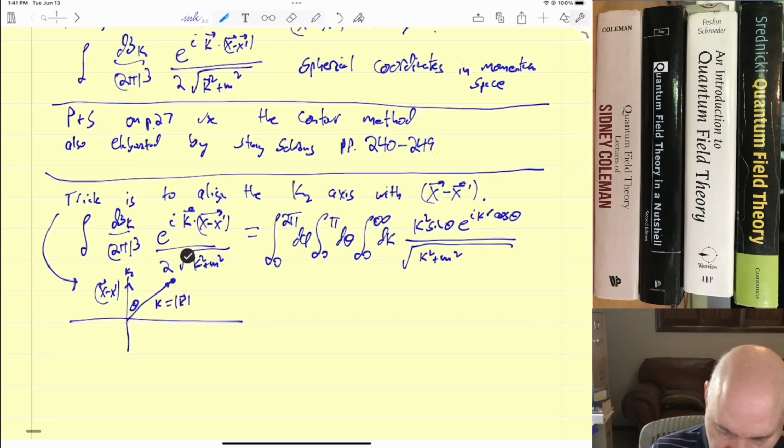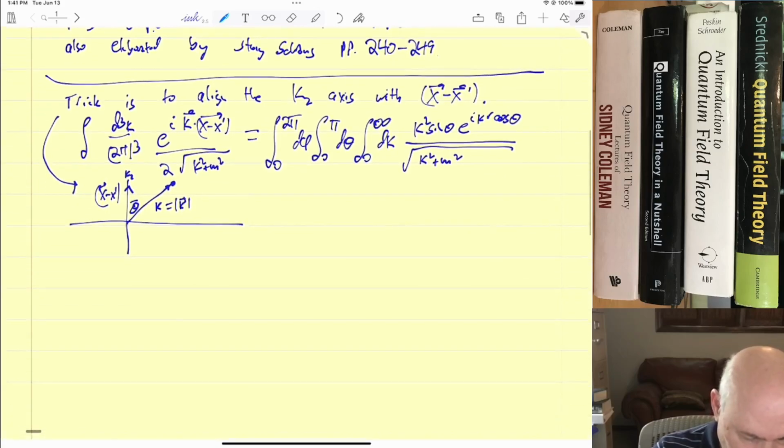This is the phi coordinate. There's no dependence on it, so it will give us a factor of 2 pi. This is theta. The measure is k squared sine theta. And the dot product of the vectors is just the magnitude of one times the magnitude of the other times cosine theta. So that's very easy.